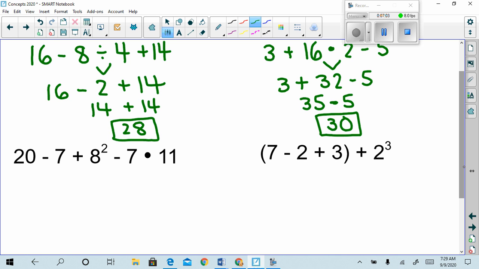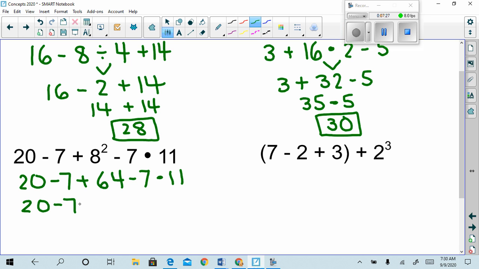Next problem, here again, I see a power right in the middle. I now have 20 minus 7 plus 64 minus 7 times 11. You see how complicated these can be. I'm now going to see that there is a multiplication down here, so I'm going to go 20 minus 7 plus 64 minus 77.